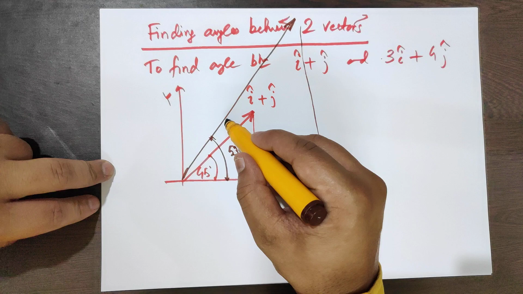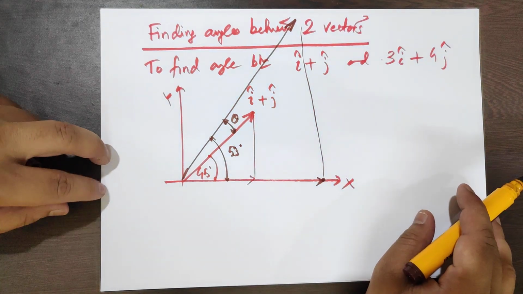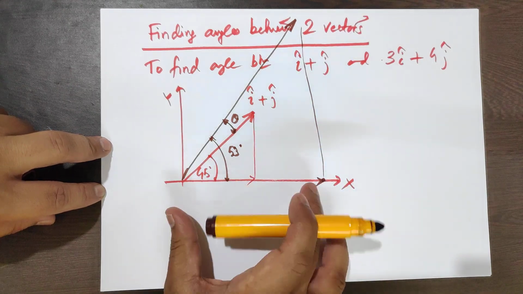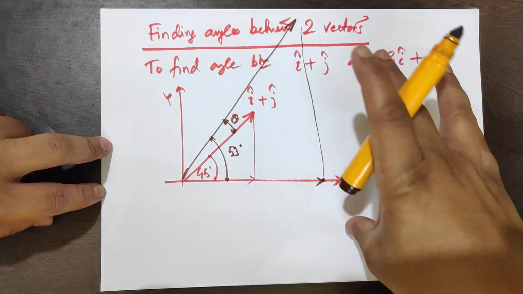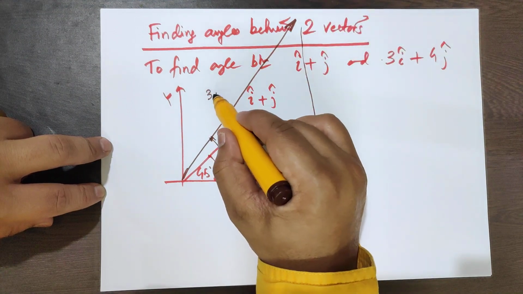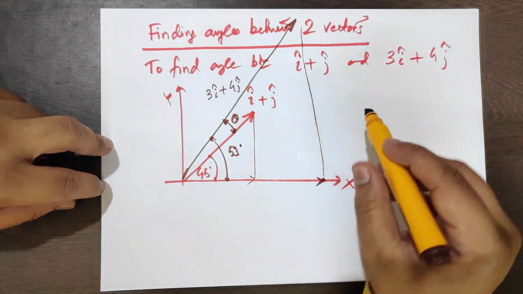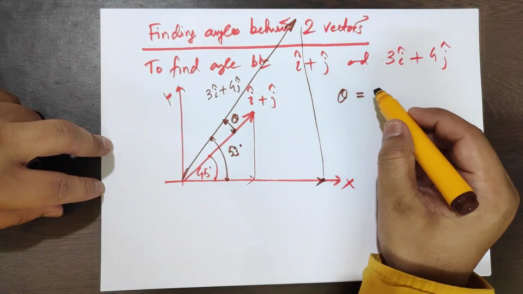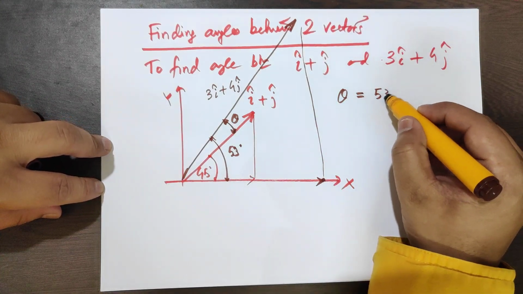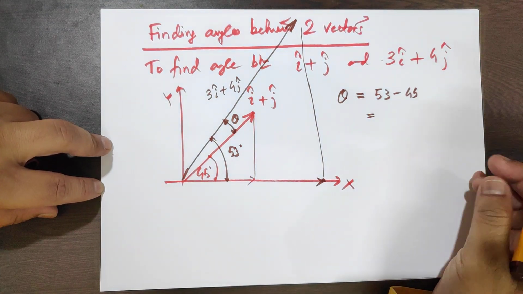Okay, so the angle between the two vectors, as you know, tan of 53 equals 4 by 3. See, this is 3i, this is 4j. So the angle theta between the two vectors is 53 minus 45, that's 8 degrees.